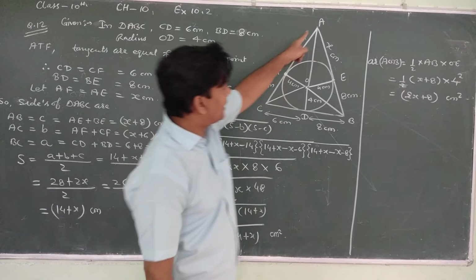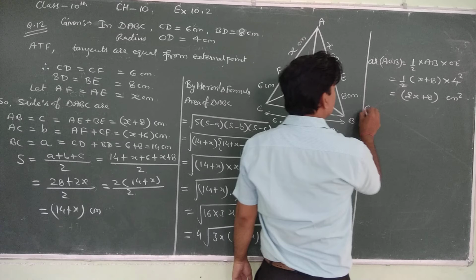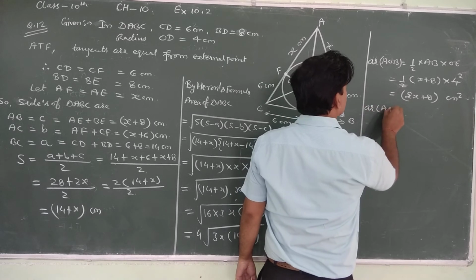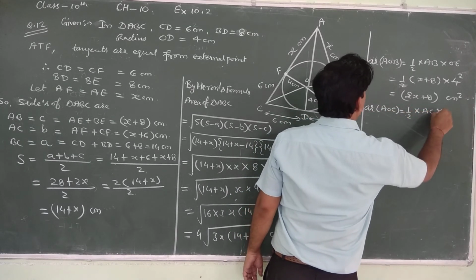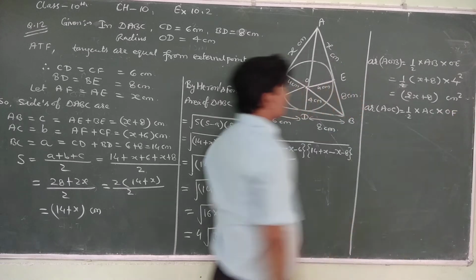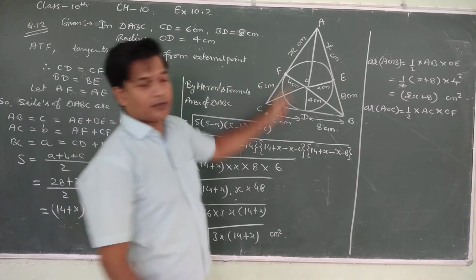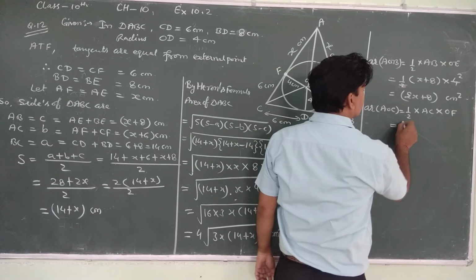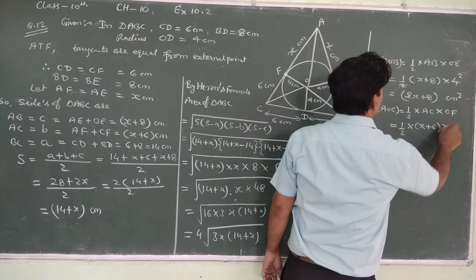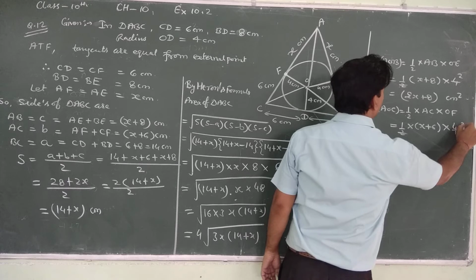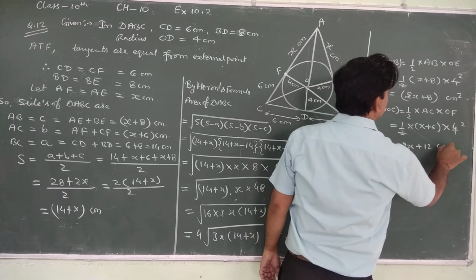Now we can calculate the area of AOC using the same formula. Area of AOC is equal to 1 by 2 into AC into OF. The base is AC and height is OF. So substitute the values: AC is x plus 6, whereas OF is 4. 2 cancels 4 two times, so 2x plus 12 centimeter square.